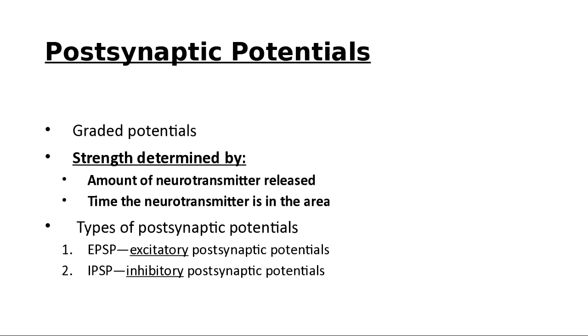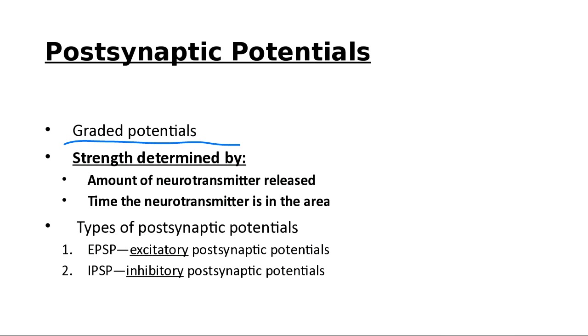Okay, postsynaptic potential. First we're going to talk about graded potentials, because you've got to get enough of a graded potential to get an action potential. Graded potentials are going on with that neurotransmitter, and when you get enough sodium in the cell, enough negative outside the cell, then you're going to get the voltage-gated sodium channel triggered and get an action potential.